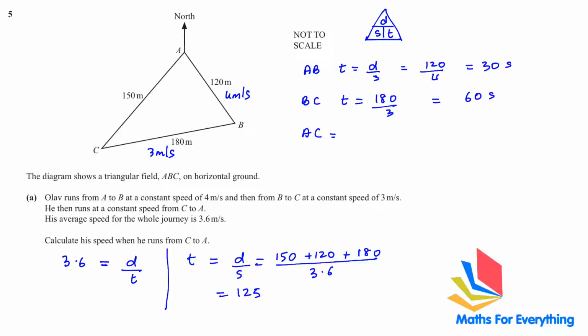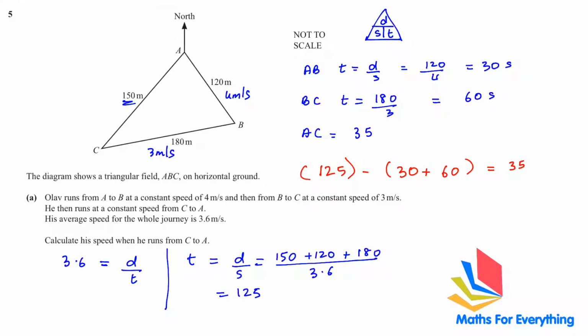We already have the time for AB and BC. To find AC, we are going to subtract from 125 the 30 plus 60, the time taken for AB and BC, and that will give us 35 seconds. So the time taken is 35 seconds.